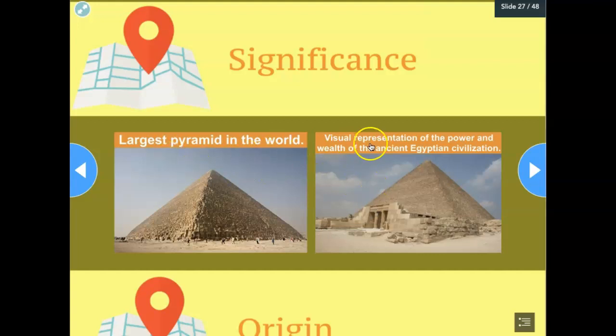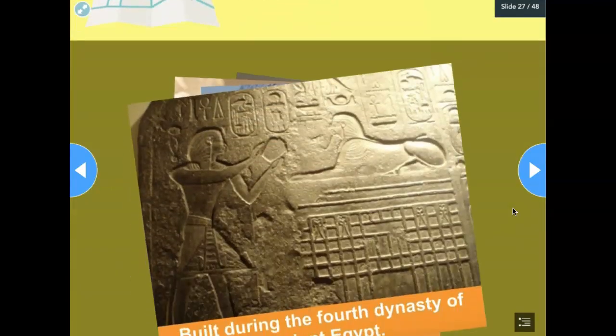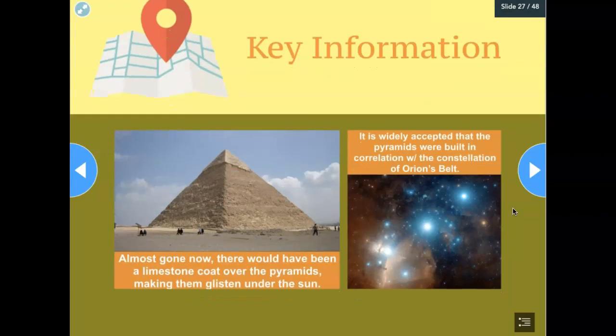What they are, the visual representation of the power and wealth, some of the ideas of why they were built, and then all the mysteries about the pyramids. Actually, how were they built? Are they lining up with things in the solar system?